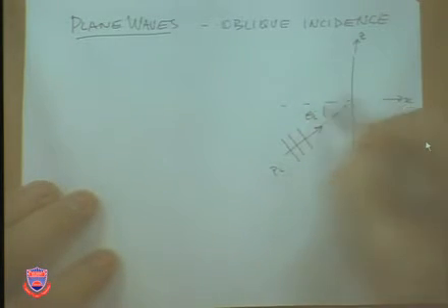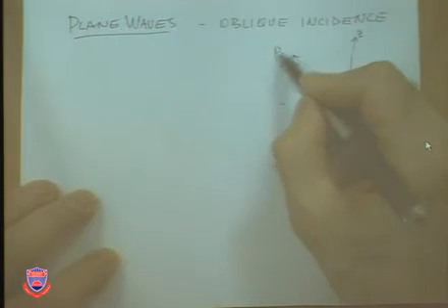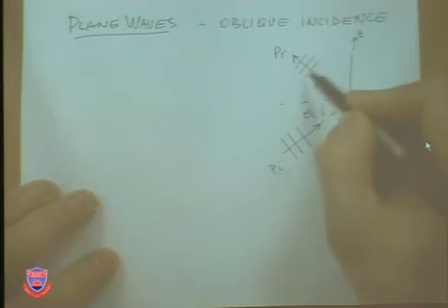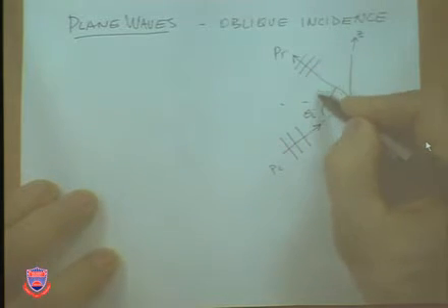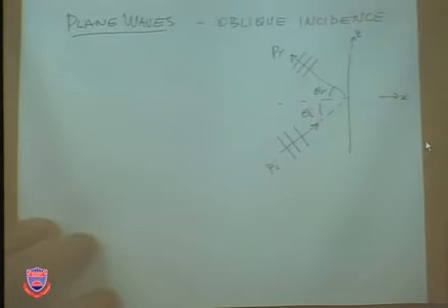Angle of incidence, and then they're reflected again as plane waves with an amplitude P R and angle of reflection theta r.